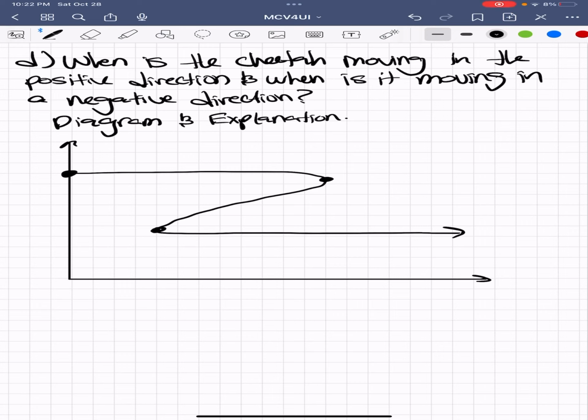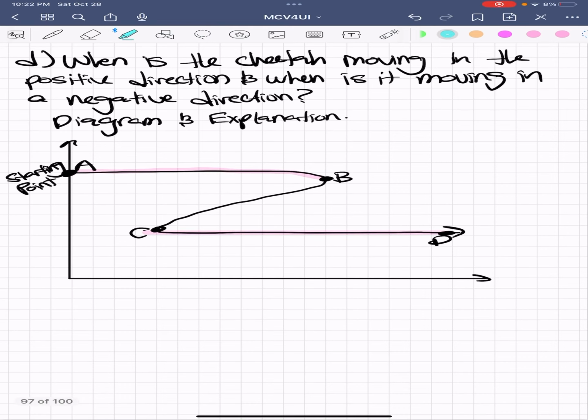So this is the cheetah's starting point, and we'll label that A, B, C, and then D as well. And then we'll get our handy dandy highlighters. I'm thinking about using pink and blue. Positive direction. Negative direction.